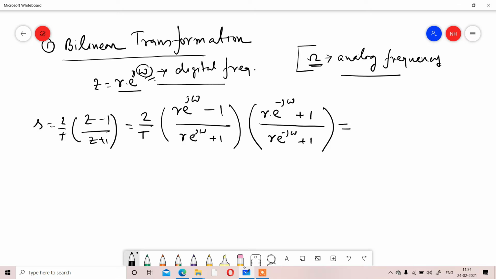If we multiply that parameter to this and this parameter to this, we get r square, since e^(jω) and e^(-jω) cancel out. Then r e^(jω) into 1 gives r e^(jω), and r e^(-jω) into minus 1 gives minus r e^(-jω).